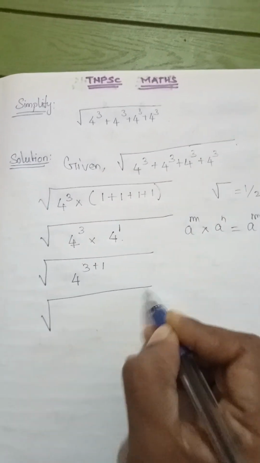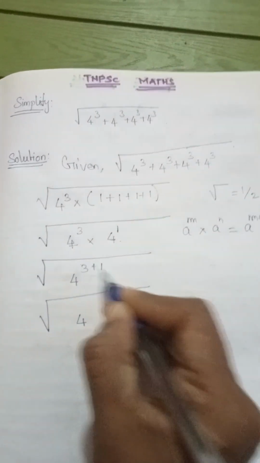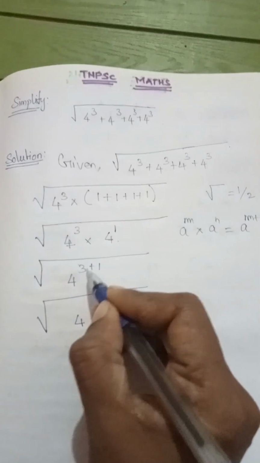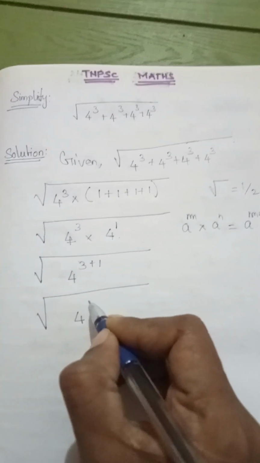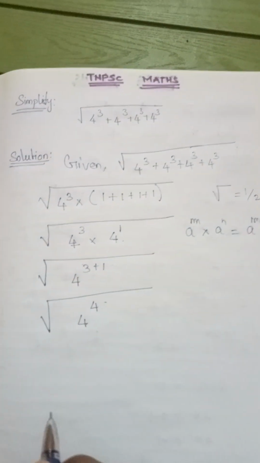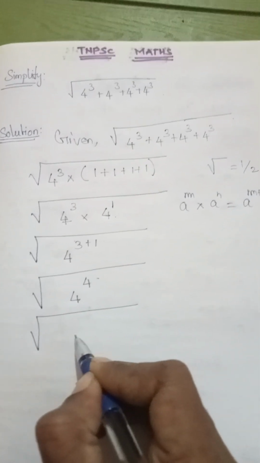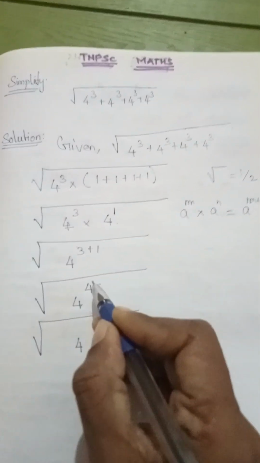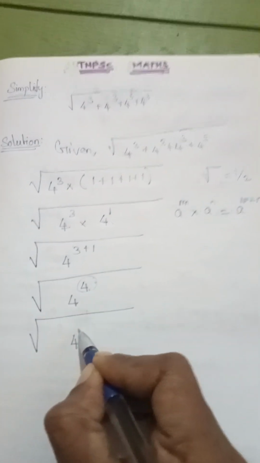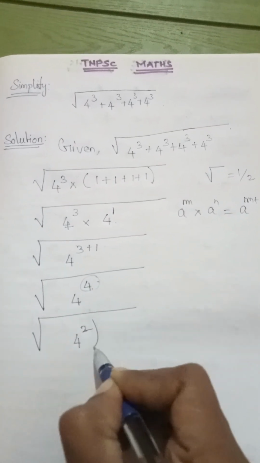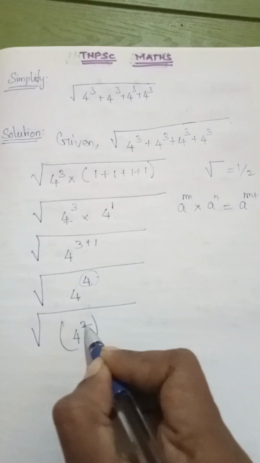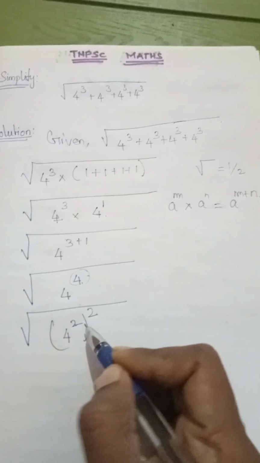Next step, square root of 4 power 3 plus 1, which is 4 power 4. Okay. Next step, square root of 4 power 4. This 4 can be written as 2 square, so 4 power 2 the whole power 2.